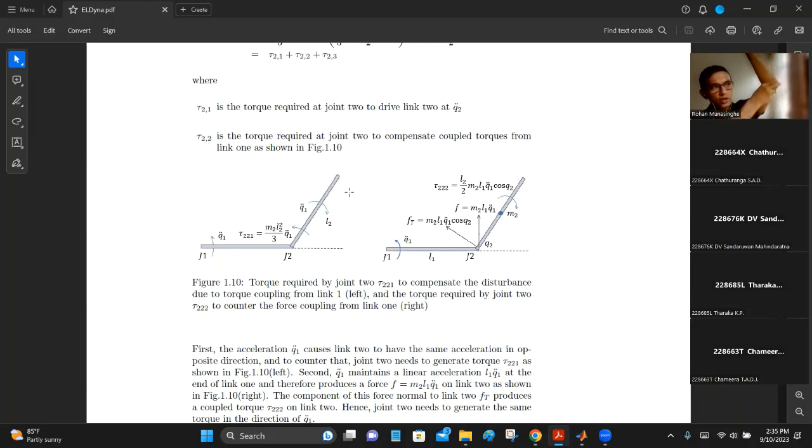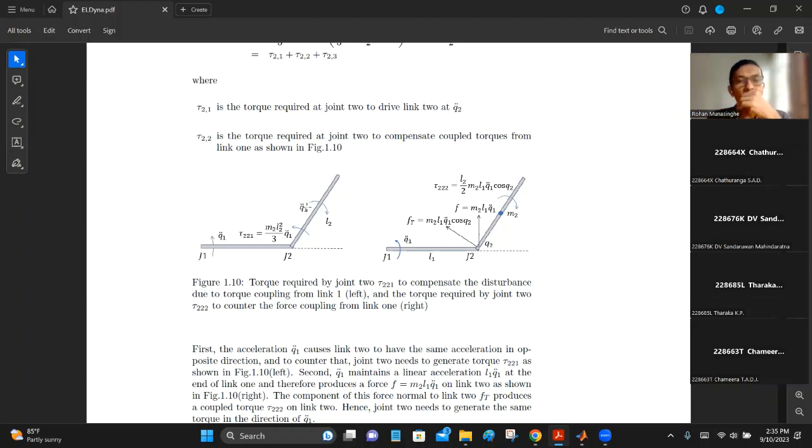But if you don't lock the second joint and you try to move the first link, it will go like that. The moment I try to move it up, the other link goes that way. It's like flipping something. If I move it like that, it goes like that. That happens.